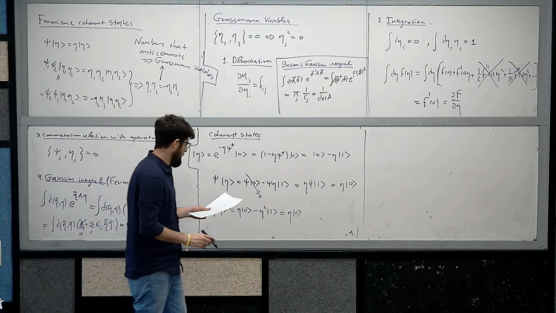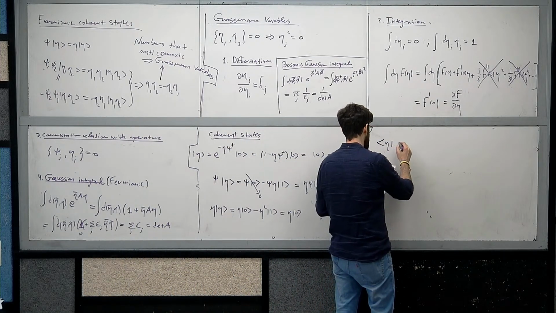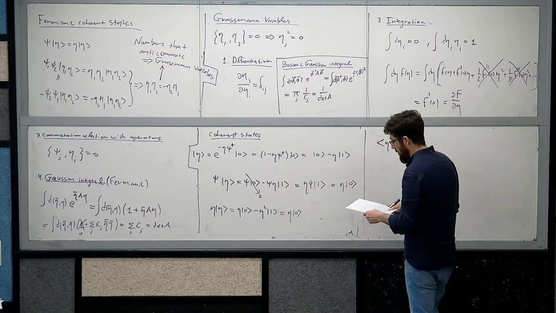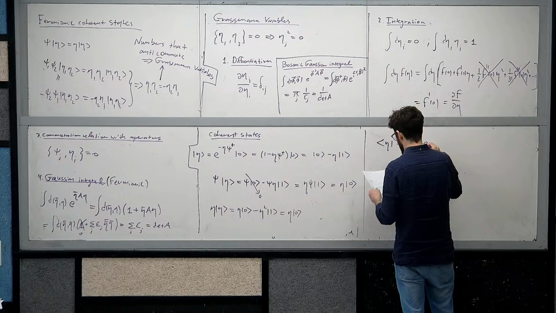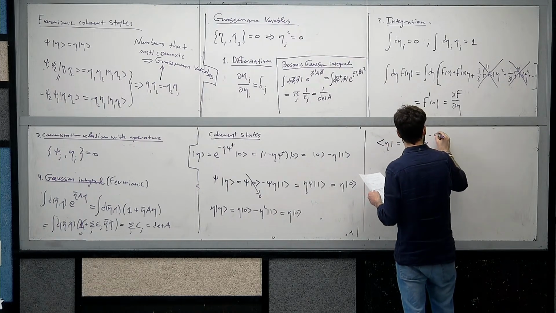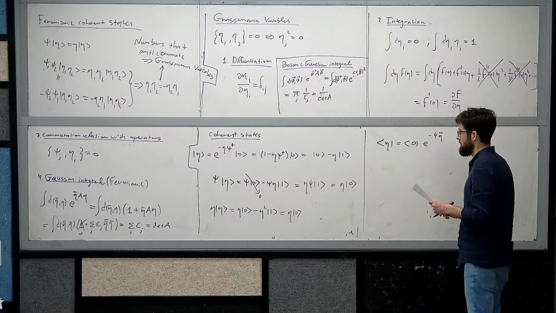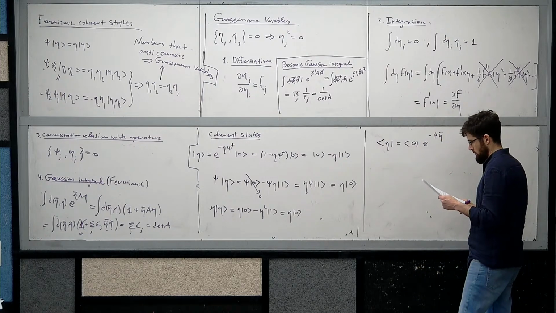And then finally, maybe the last comment is that eta, like this, that's what I was trying to say before. I'm going to interpret it as <0| e to the minus eta bar psi, that's how I'm going to interpret it.